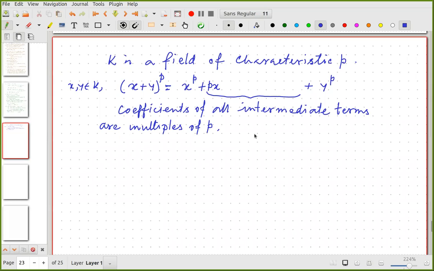That amounts to saying that p divides p choose r for every r from 1 to p minus 1.